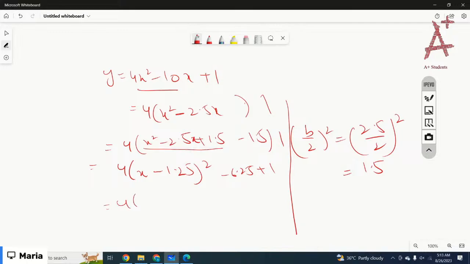So it would be 4 times x minus 1.25 whole square and negative 5.25. So the vertex is 1.25 and negative 5.25, right?